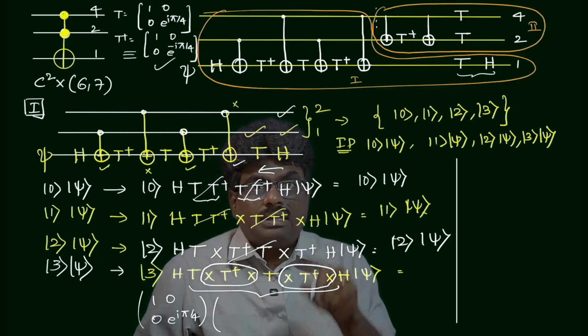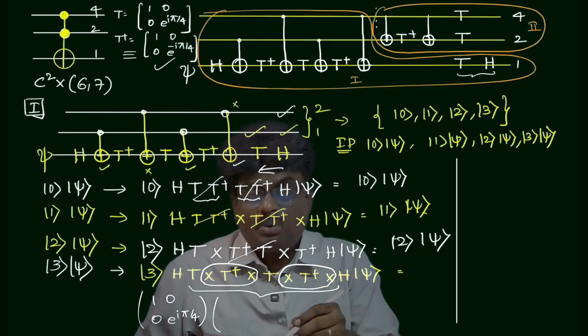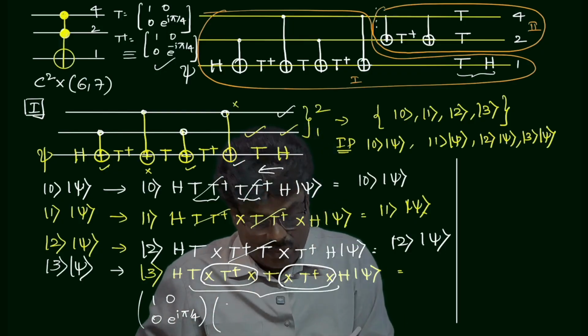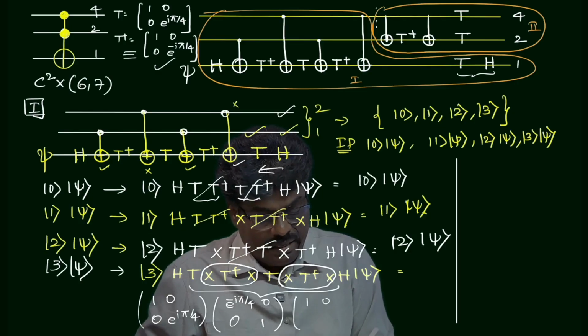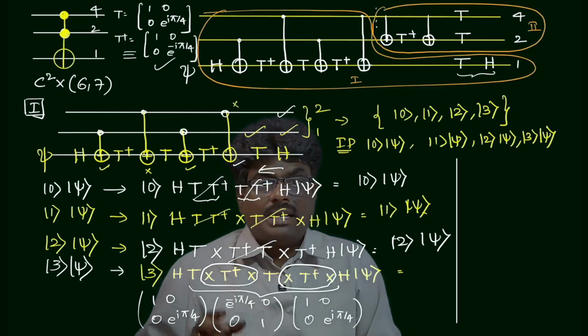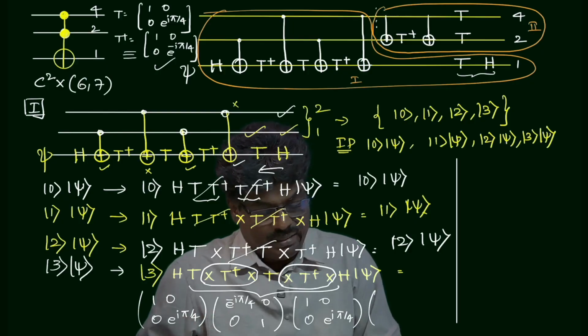Next X T dagger X. So please go to T dagger and interchange. So that is e raised to minus i pi by 4, 0 0 1. And next again T is there, 1 0 0 e raised to i pi by 4. Next again X T dagger X is there, that's why e raised to minus i pi by 4, 0 0 1.